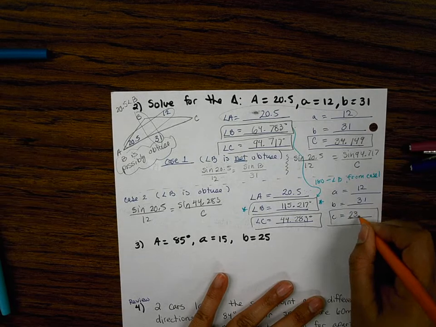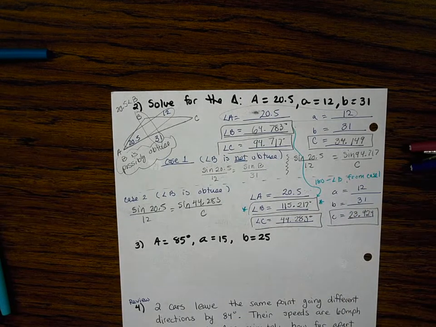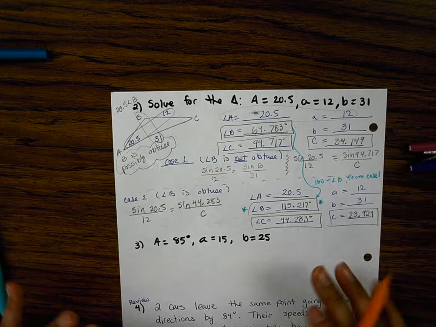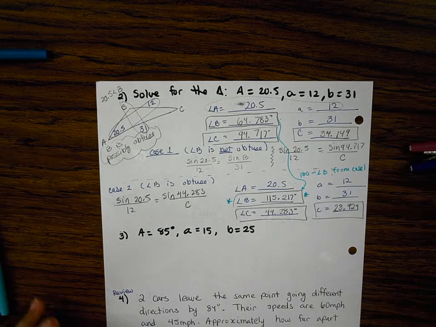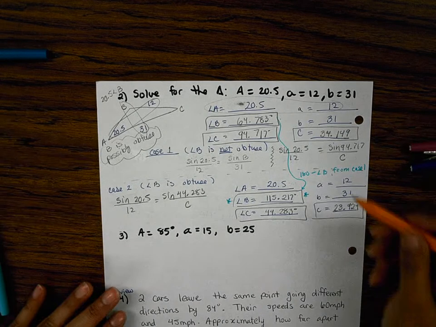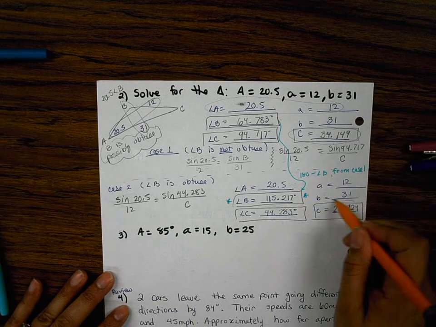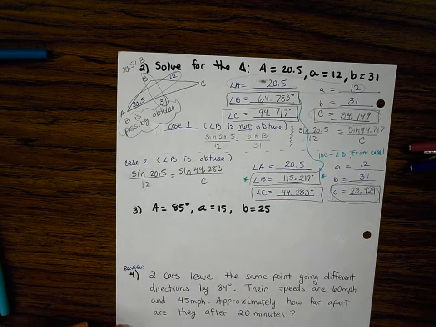And that gives you 23.924. So really, it's not hard, it's just an extra 2 steps. Most likely what they'll ask you for in the test is find side length C. And in this case, you would have 2 answers. You would have this answer and you would have this answer. And you can see they are not the same.